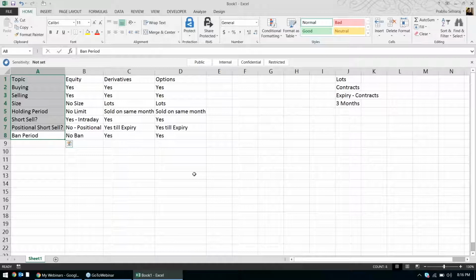It will not be allowed. If you short it, you have to short only futures, FNO stocks, futures. You have to do only that. That's why we always say, do not go for STBT. Always go for BTST.